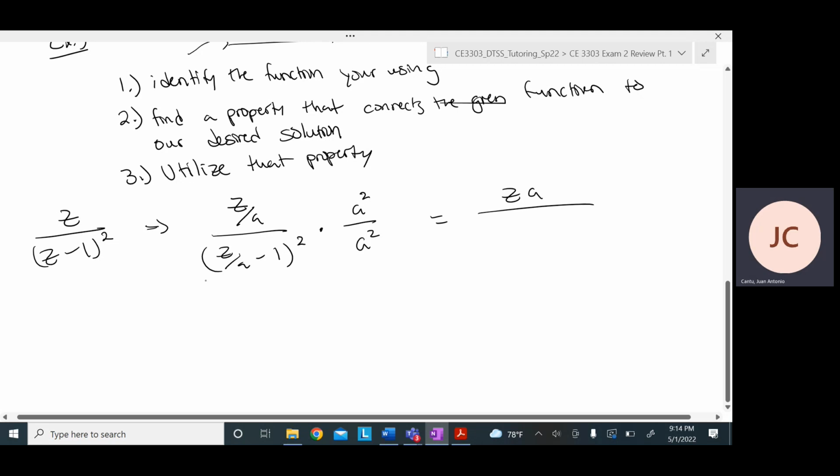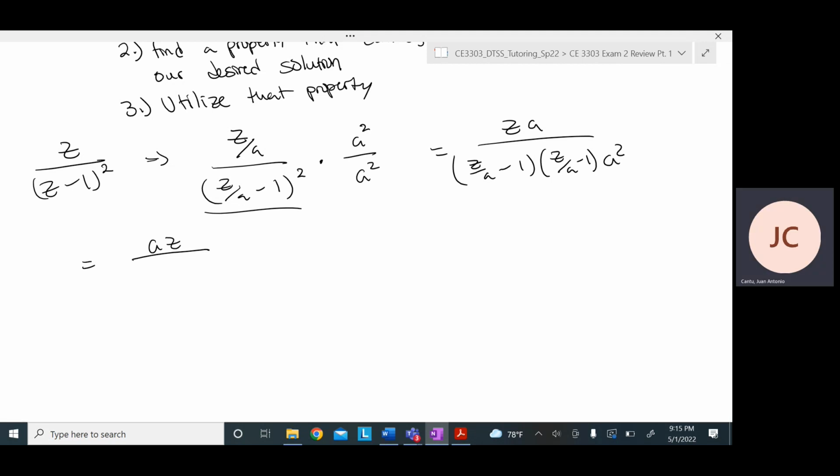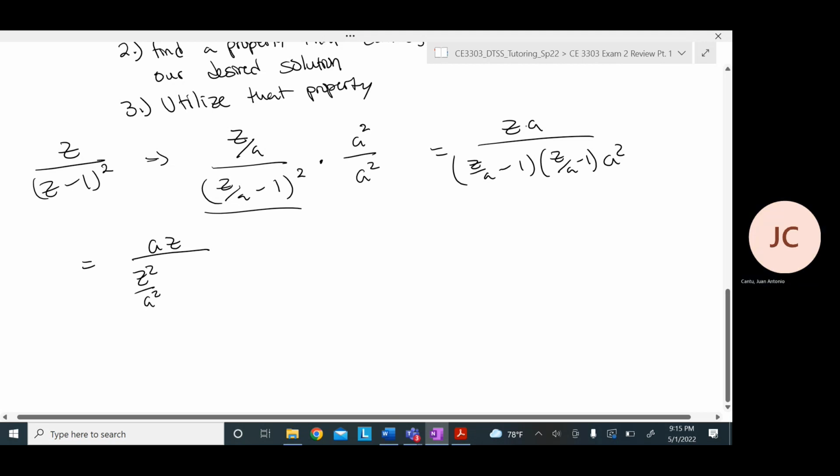Okay, and if I expand it, I will get z over a minus 1 times z over a minus 1 times a squared. And that gives me, I'm going to flip this, az over, just expanding, z squared over a squared minus z over a minus z over a, so it's minus 2z over a plus 1, all times a squared.